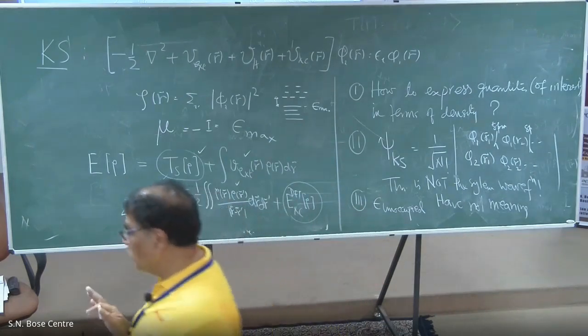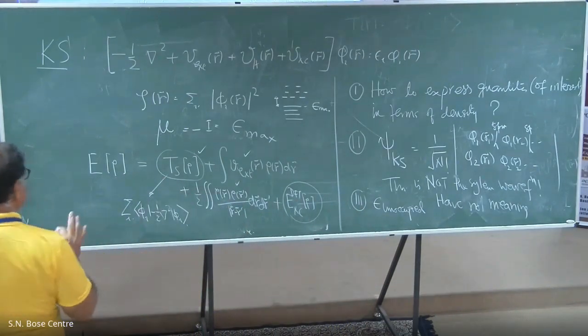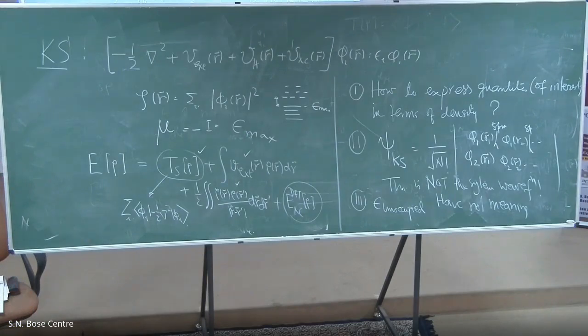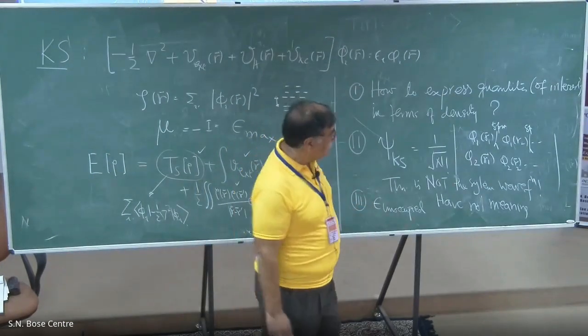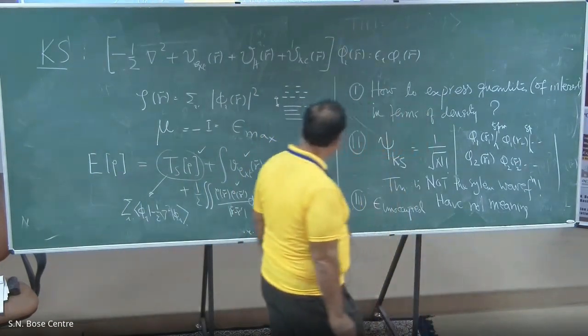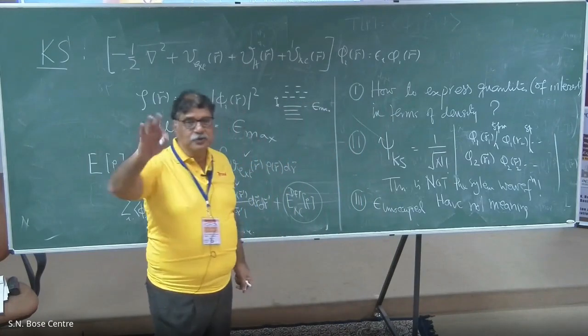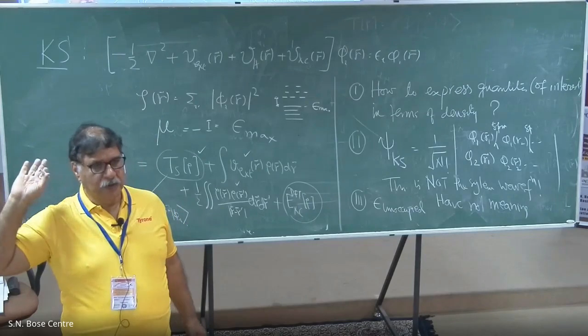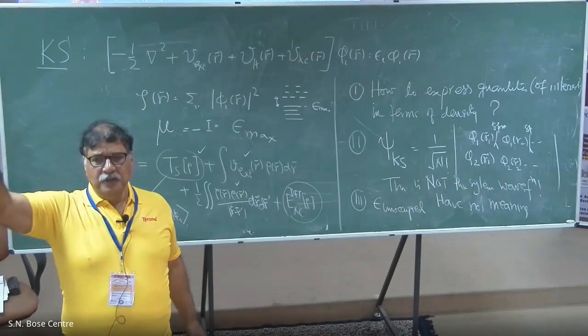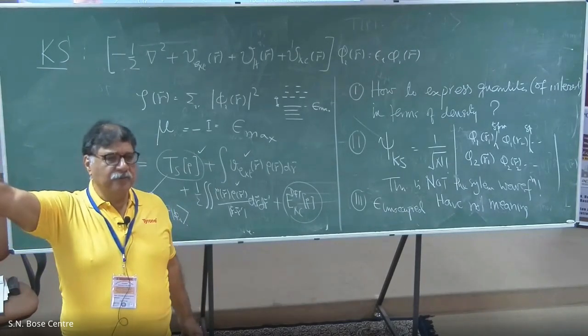When you do a calculation, you get a set of numbers. You plot the potential, you plot this and that, and you have to interpret it. If you know these limitations, you know exactly what to think. For example, if you look at the exchange correlation potential, far away it goes as minus 1 over r, that is the finite. Then you know that is the exact potential for an electron far away.